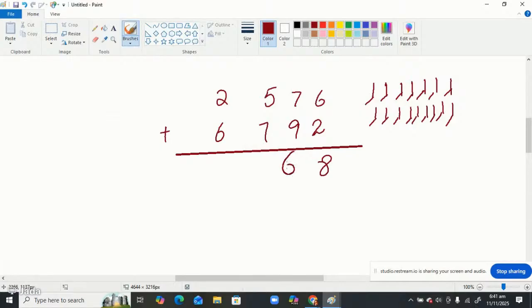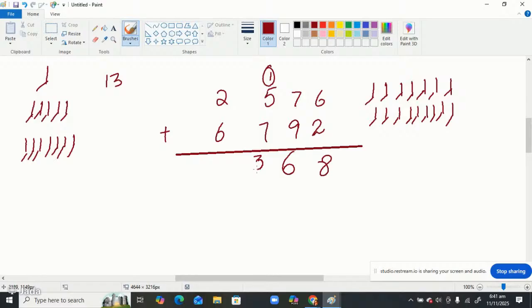So here we go with 6 and 1 moves up as a carry. Now 1 plus 5 plus 7. What's the answer? 1, then 5, and then 7. It's 1, 2, 3, 4, 5, 6, 7, 8, 9, 10, 11, 12, 13. So there is 13.